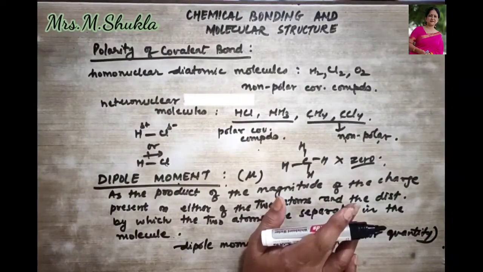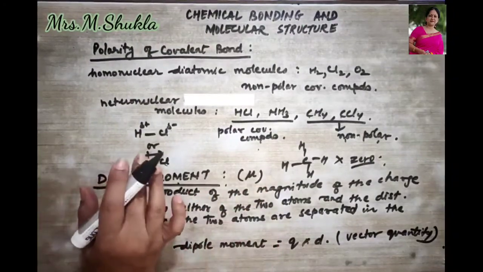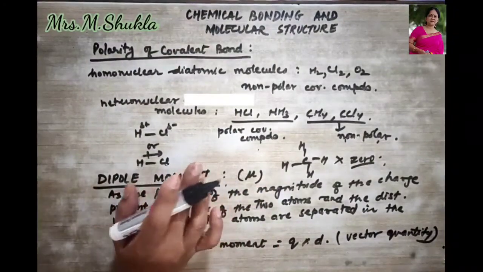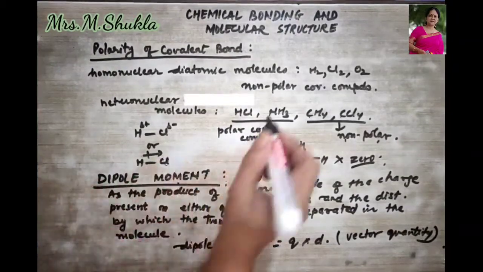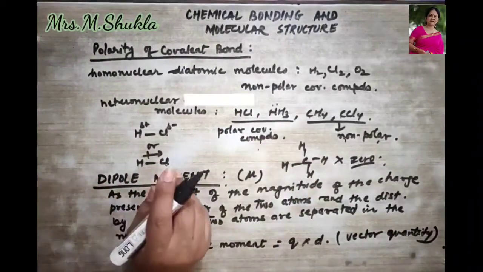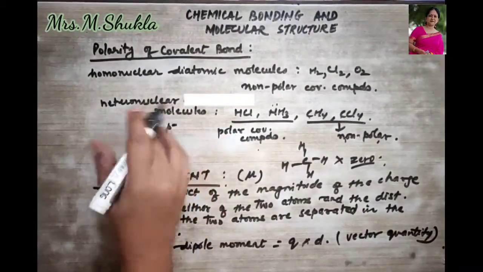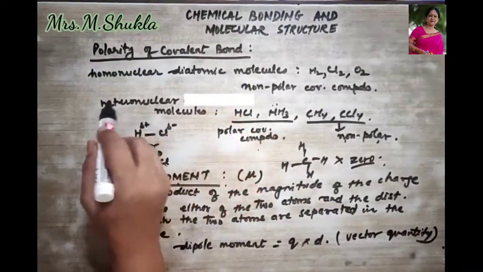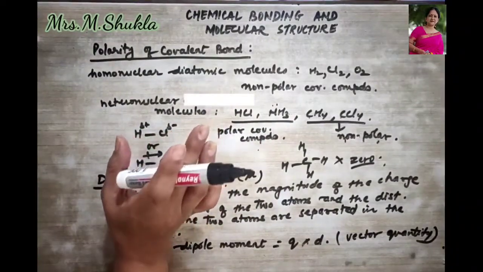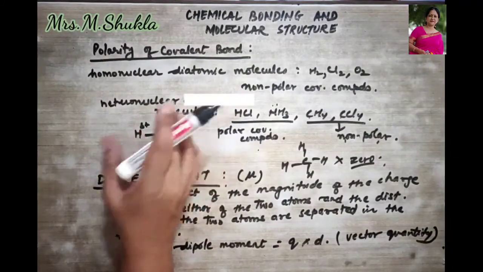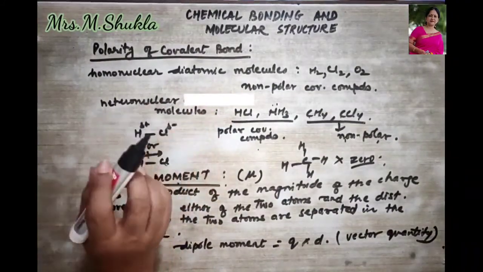The molecules with irregular geometry, like for example HCl or NH3, where either there is a central atom which has a lone pair, you already know ammonia has a lone pair over it, or maybe the atom is attached to another atom, or it is a heteronuclear molecule, then it is said to have irregular geometry, and this kind of molecule shows dipole moment.